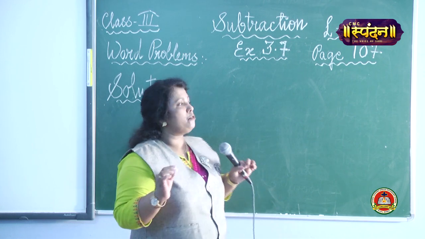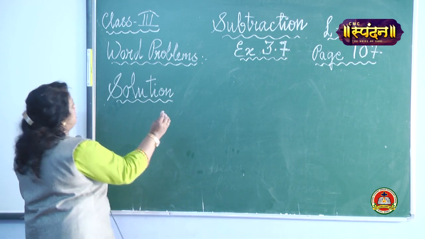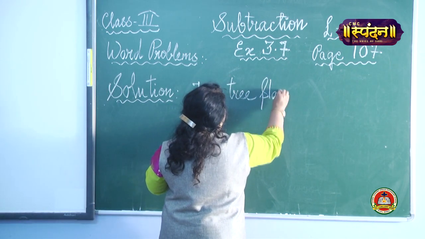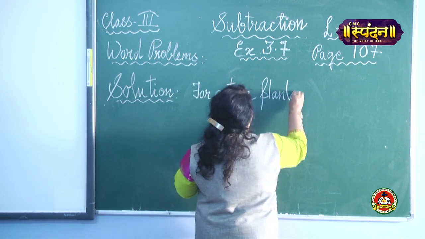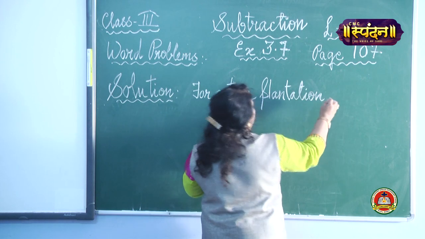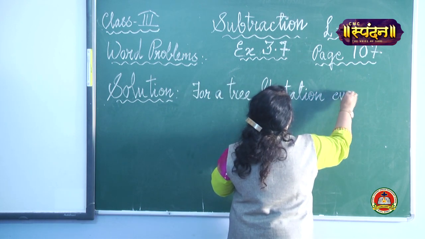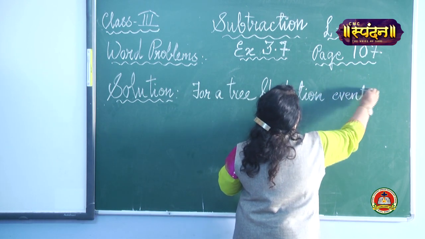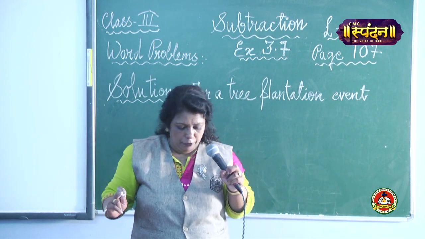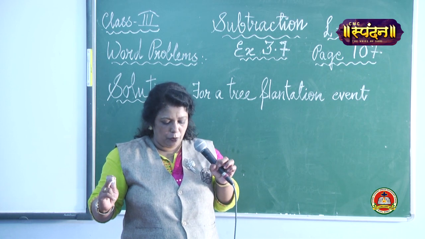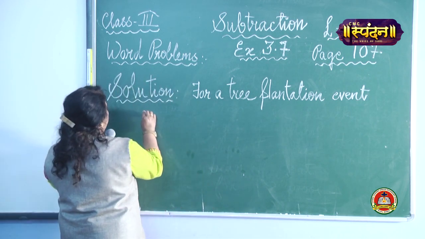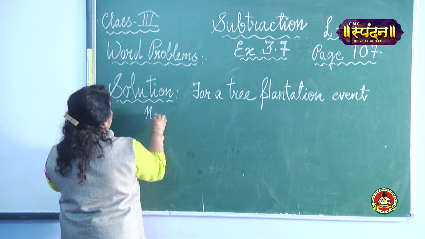For a tree plantation event. Okay. First line, number of saplings to be planted. Number of saplings to be planted. First line.